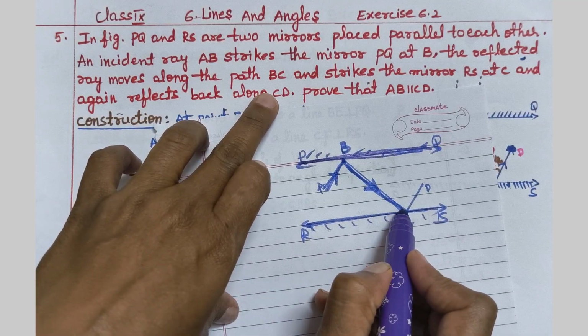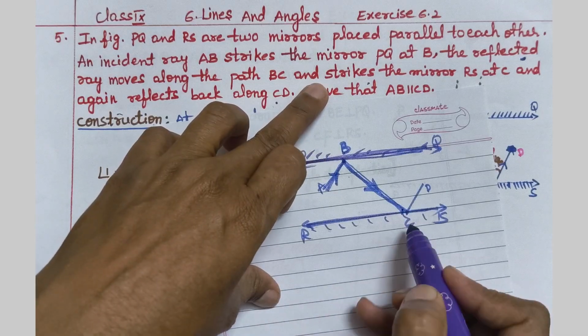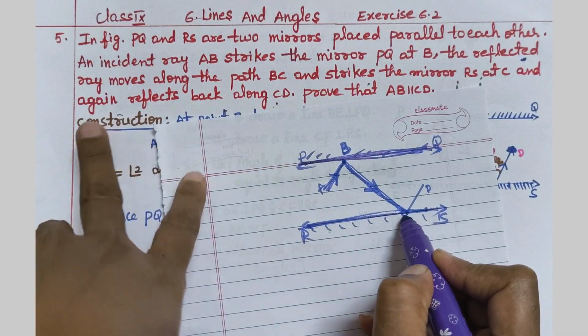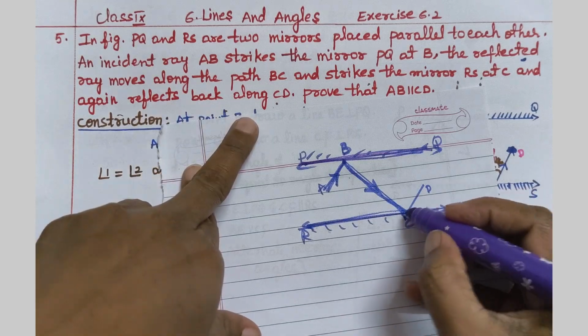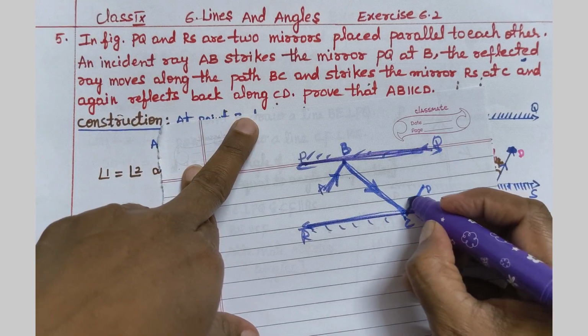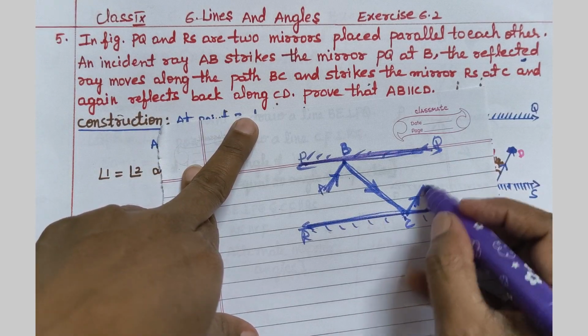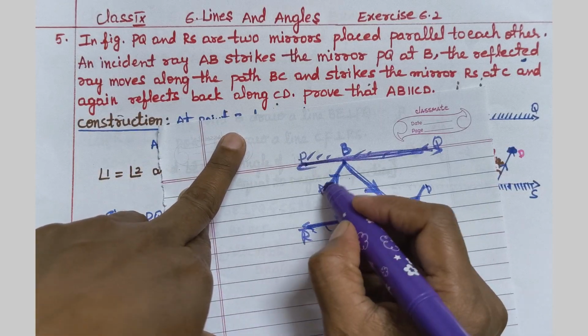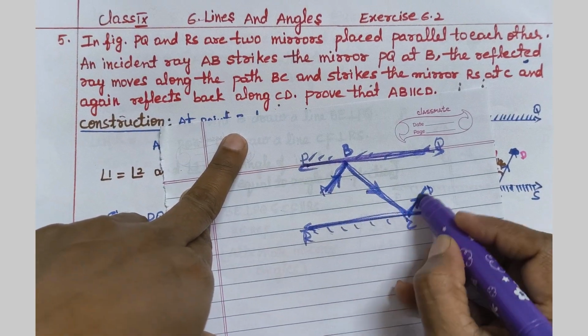It strikes RS at C. Again it is reflected back along CD. Now we have to prove AB is parallel to CD.